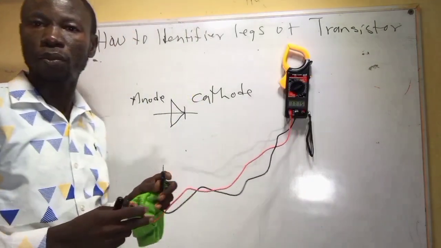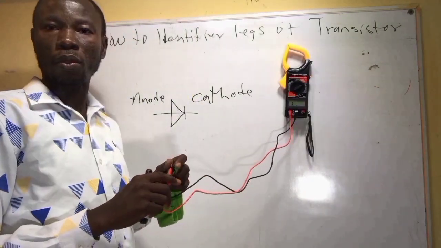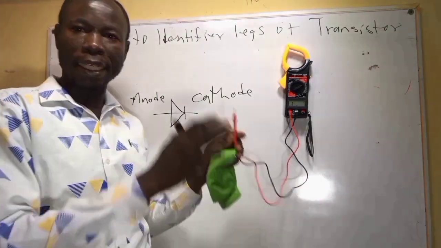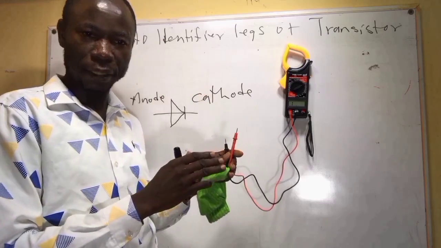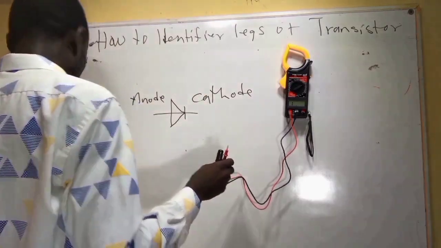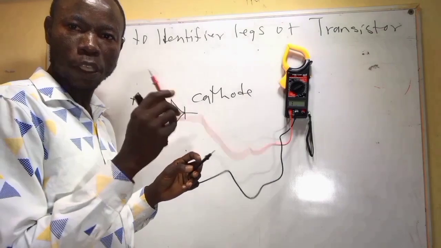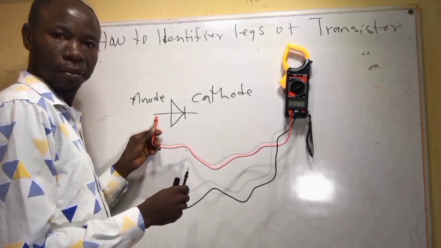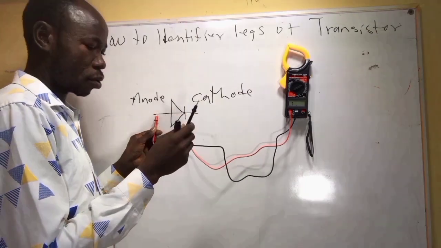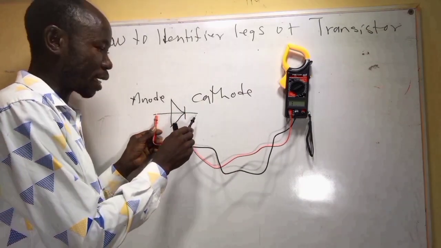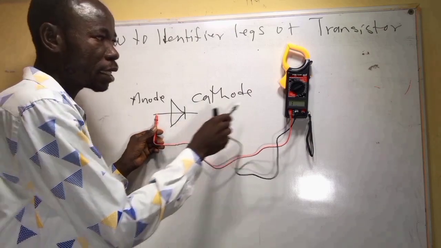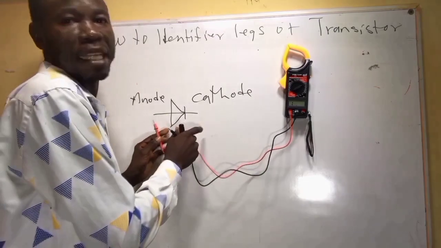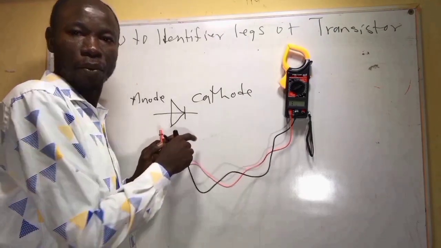You make sure your meter is working. If you are using a digital meter, then the positive must connect to the anode here, then the negative to the cathode. You will see the meter will read and give you some figures, which is the resistance of the diode.